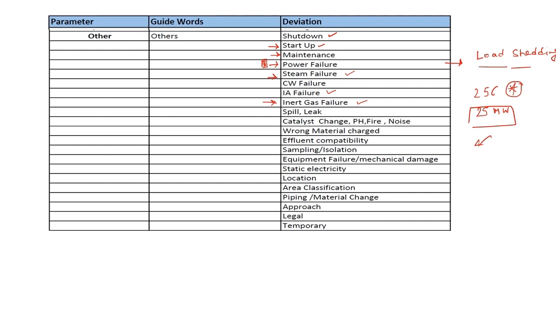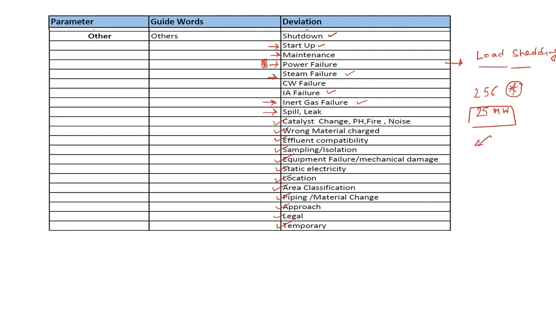So if that inert gas failure happens, what happens to your tank? Then there can be situations of spill, leak, catalyst change, wrong material charged, effluent capability, sampling, isolation, equipment failure, static electricity, location, area classification, piping, approach, legal, temporary.